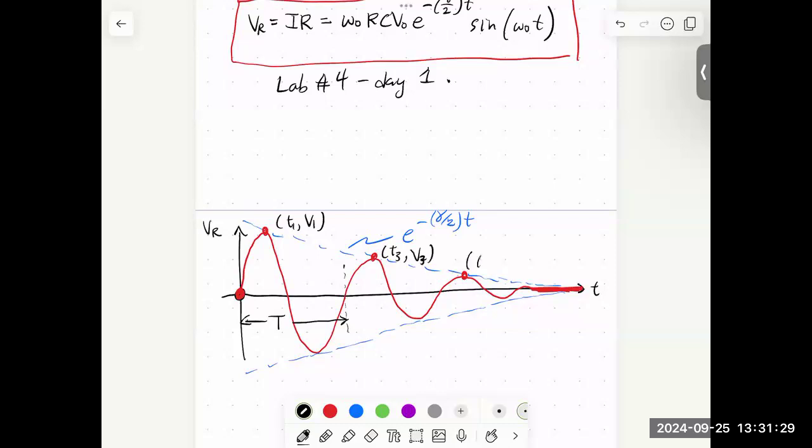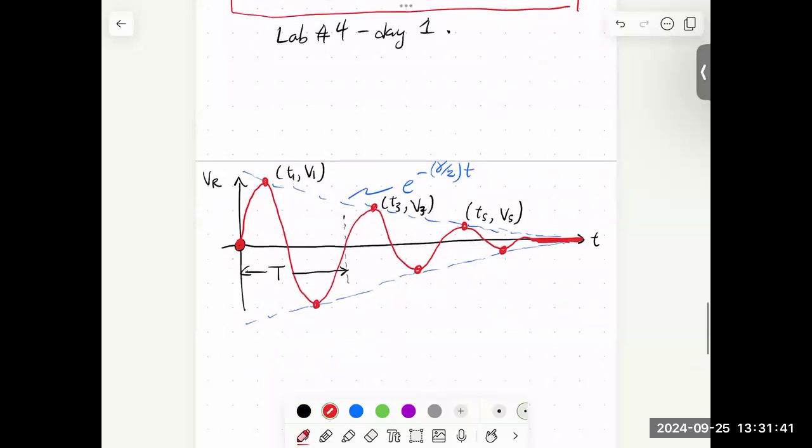And this will be time t5 and voltage v5. And then we can go down to these ones over here and say, well, we also have these negative ones. And so this will be time t2, voltage v2. Here's time t4, v4. And here's t6, v6.